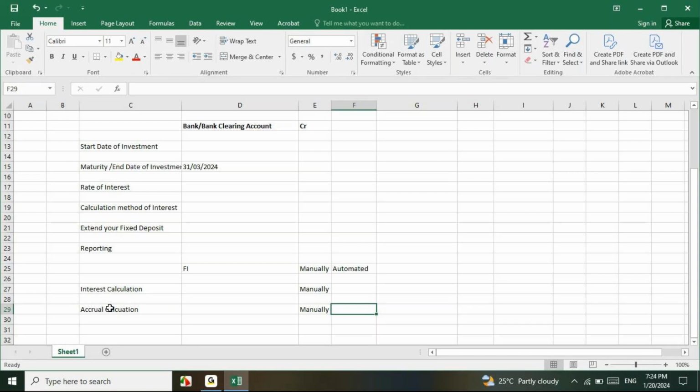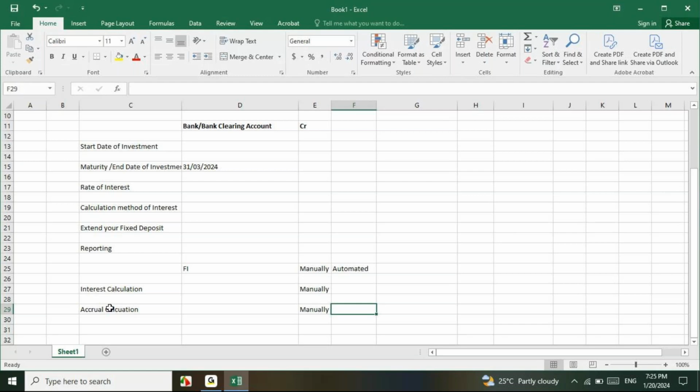That is the reason we are doing the accrual. Even though you are receiving that 1 lakh in the month of March, the interest belongs to January, February, and March. In order to make your financial statement show the fair value as per the accounting principle, it should not be only in the month of March that it shows a profit shoot-up of 1 lakh.